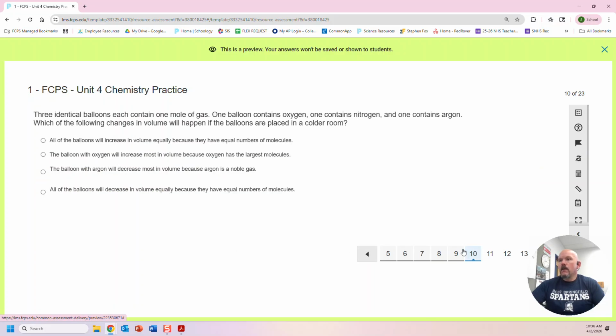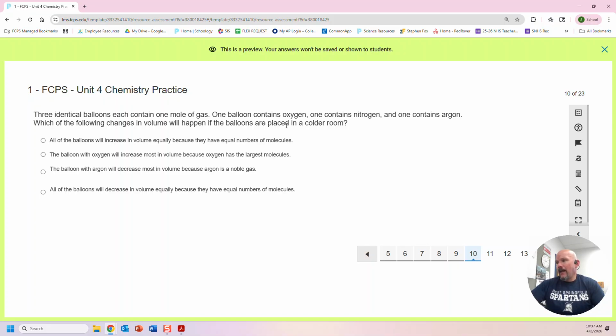Three identical balloons each contain the same number of gas particles. So it doesn't matter what the gas is. All that matters is that they have the same number of particles, so they're going to have the same volume. If you go into a colder room, the gas particles inside the balloon are going to cool down. What does cool down mean for particles? It means they slow down.